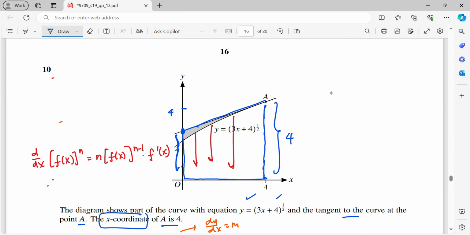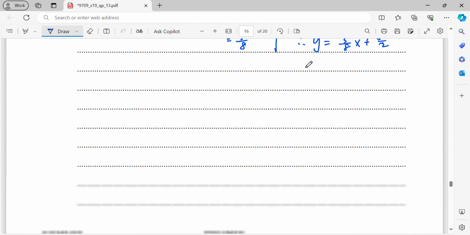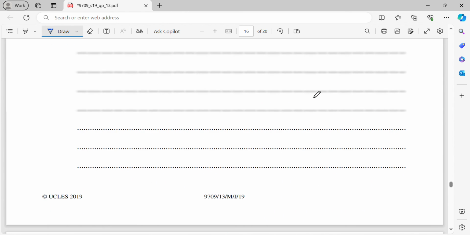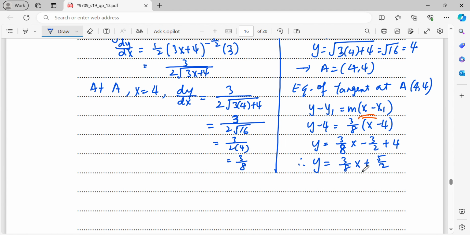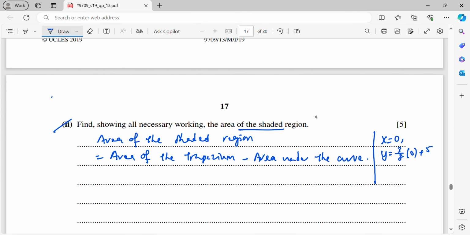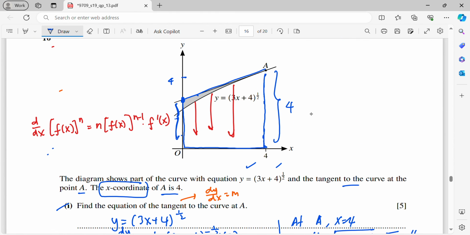For the tangent line, x equals 0. So here I will just write where x equals 0, the tangent line, 3 over 8 x plus 5 over 2, that is 5 over 2. Okay, so now I know that this is going to be 5 over 2.